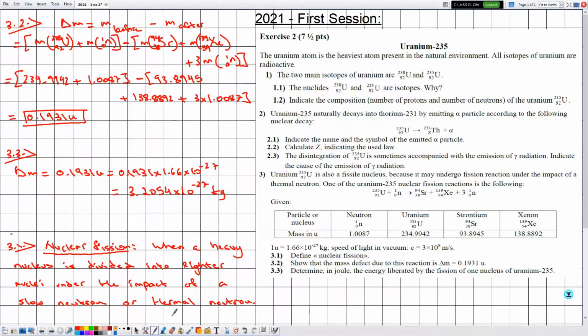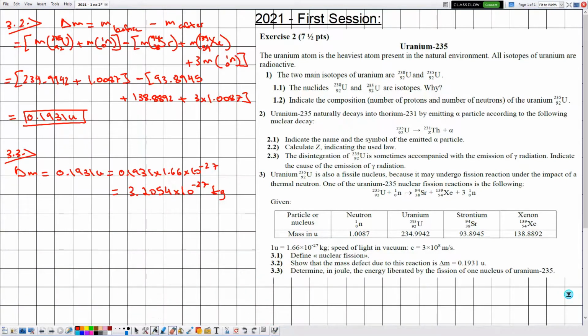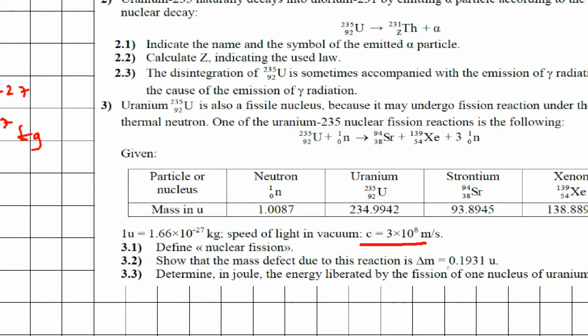So we remember, in physics we always start by writing the proper formula, and this is given by E liberated, which is equal to delta m c squared. Now the value of delta m is given by that. And c represents the speed of light, so 3 times 10 to the power 8. This is to the power 9.